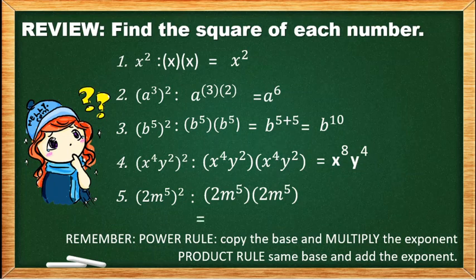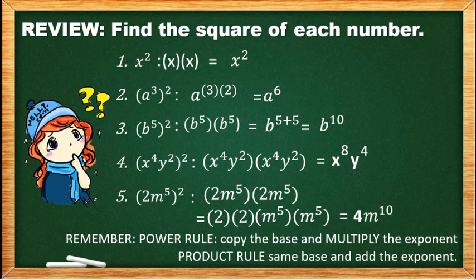So, it becomes 2 times 2. Then, also copy m raised to 5 twice. Multiply. Product rule, same base, add the exponents. So, our answer is 2 times 2, 4. For m, 5 plus 5, 10. So, that's why m raised to 10. So, that is finding the square of a number.